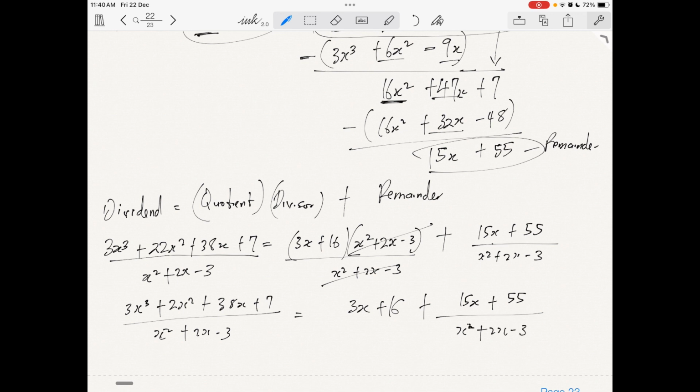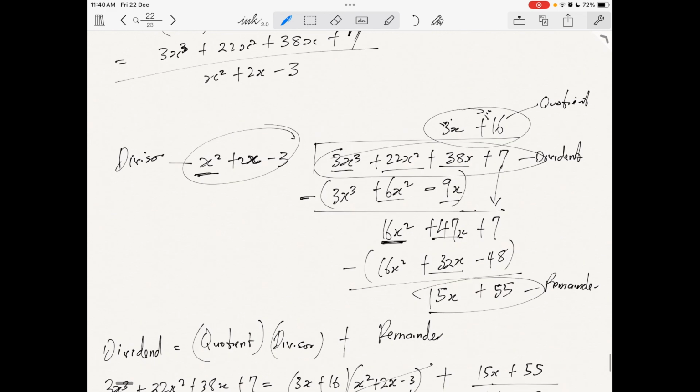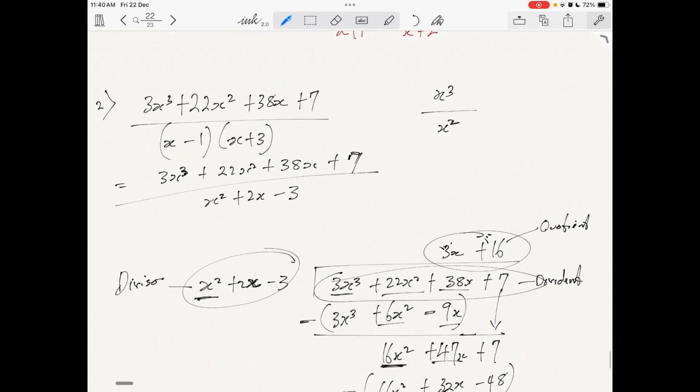Now something is common, x squared plus 2x minus 3. Okay, how do we go about that? We remember from the beginning that x squared plus 2x minus 3 is the same thing as x minus 1 and x plus 3.